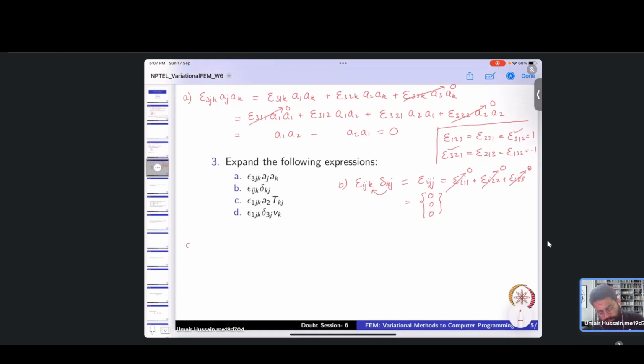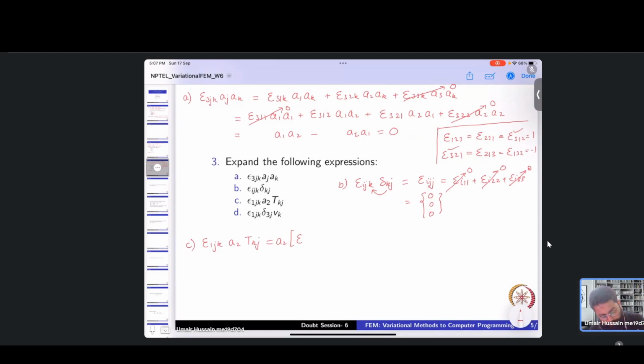Now C part, we have epsilon 1jk a2 tkj. So we expand the j and k dummy indices. We can take a2 common, there's no need to repeat a2 again and again.